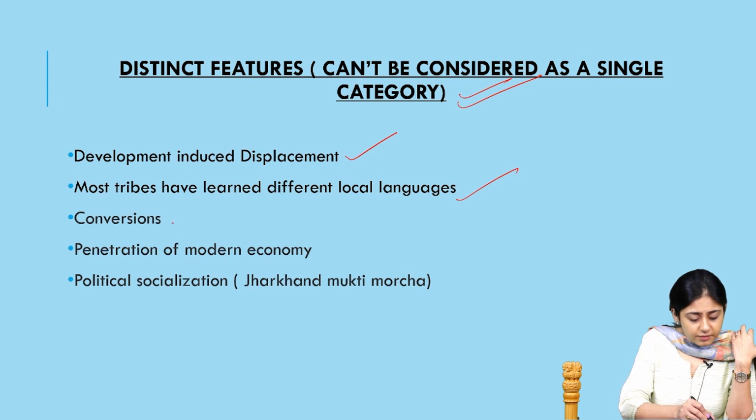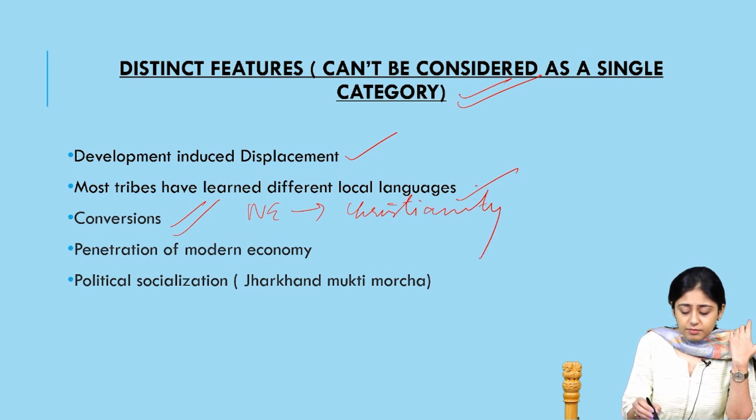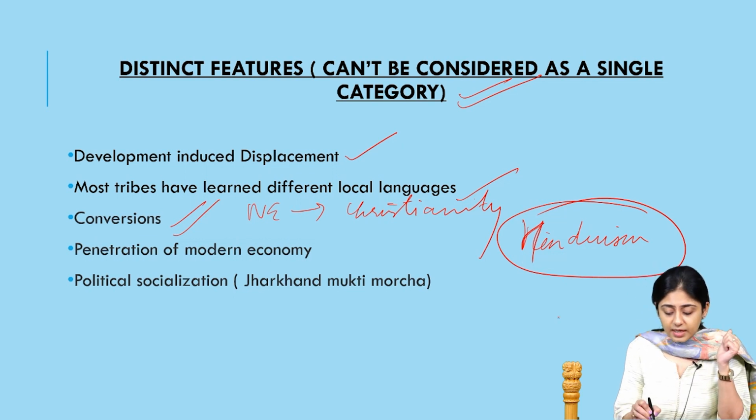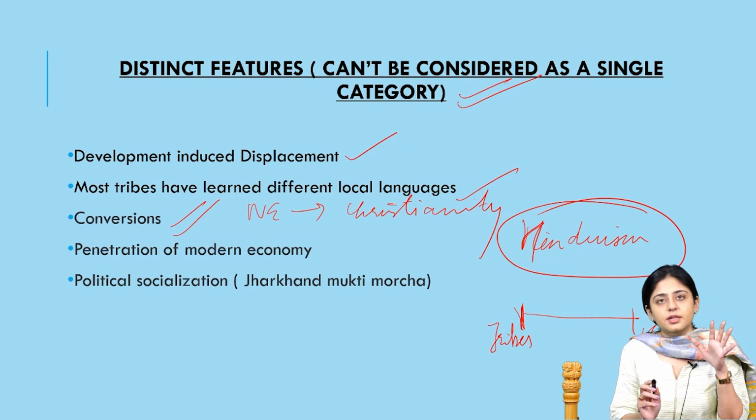Then conversions are happening. In the Northeast, if you see, tribals are mostly converted into Christianity, right? Many have adopted Hinduism, right? In fact, there are some sociologists who say that if we see, there are tribes here and Hindus here. There's a sociologist, not very necessary for your GS, but just explaining.